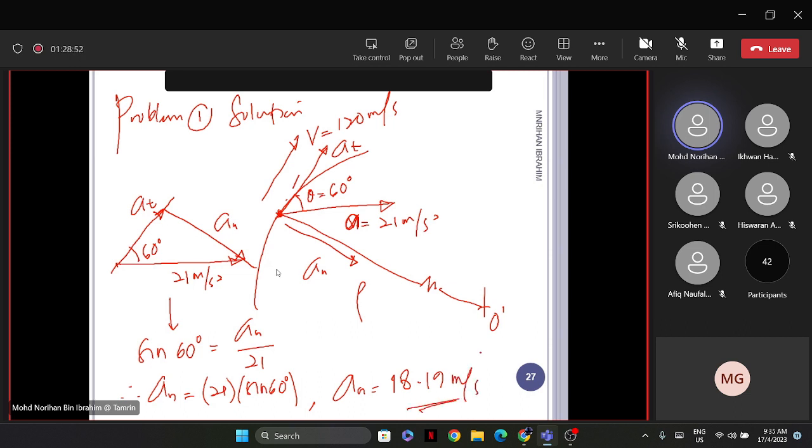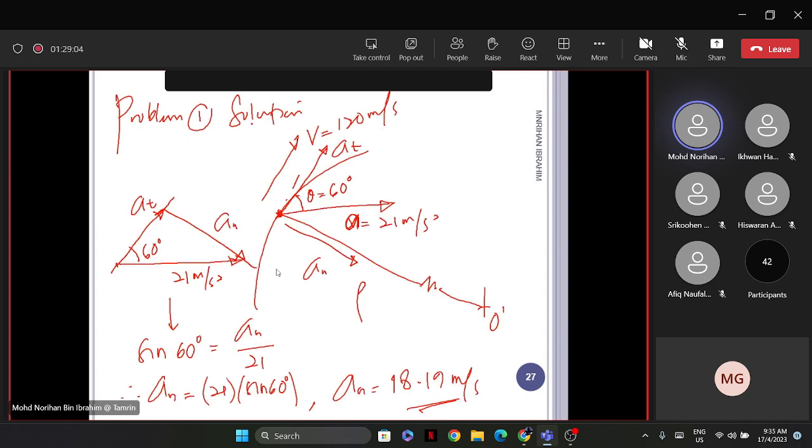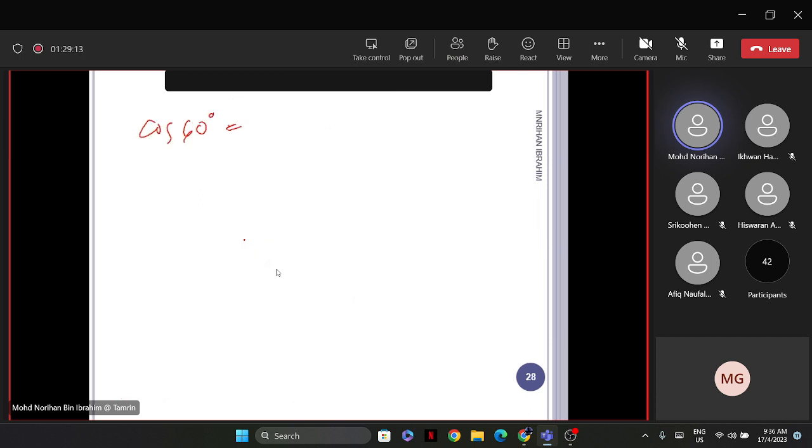So the next step is using the cos. Cos 60 degree is equal to, let's go back to the previous slide, AT divided by 21, where AT, the tangent acceleration, is divided by 21 meter per second square.